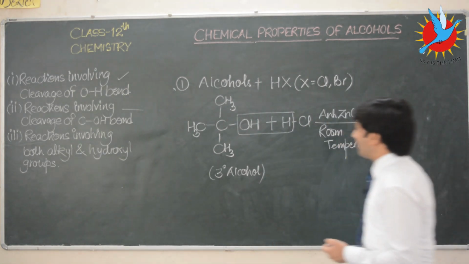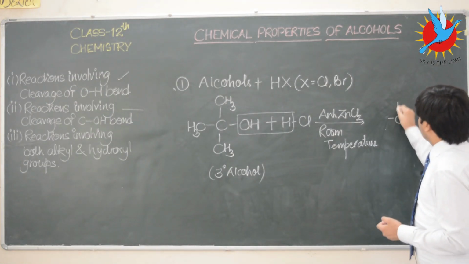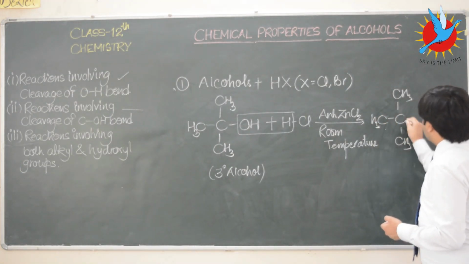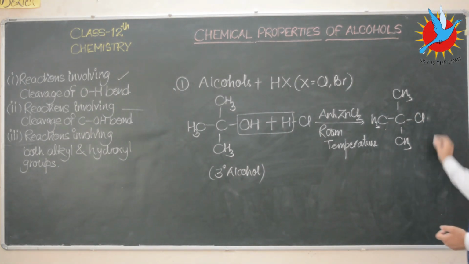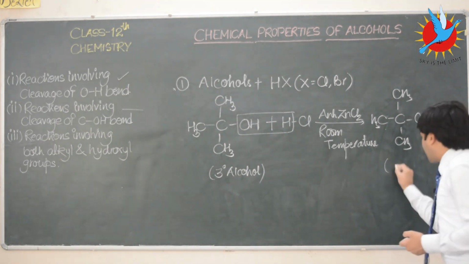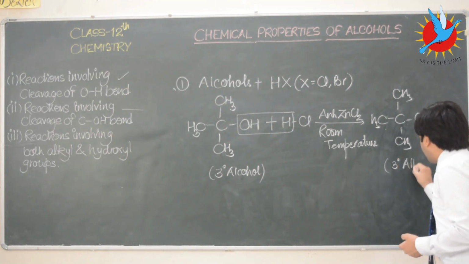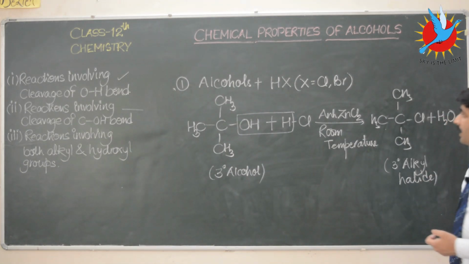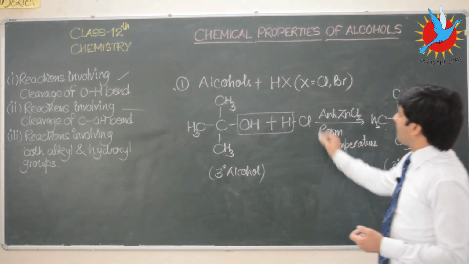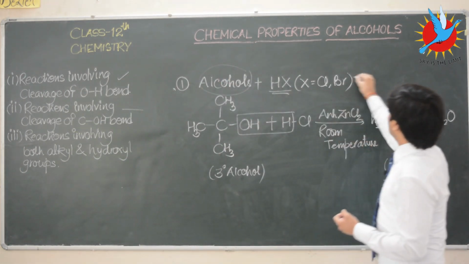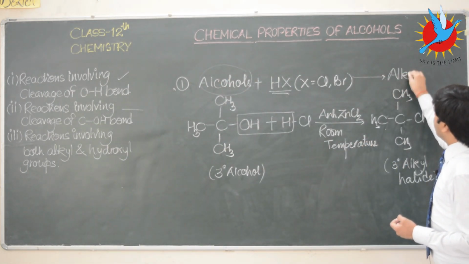Tertiary alkyl halide will be the product, (CH3)3CCl. Along with it, it will form water molecule. So you can keep in mind, upon reaction with hydrogen halide, alcohols turn into alkyl halide.